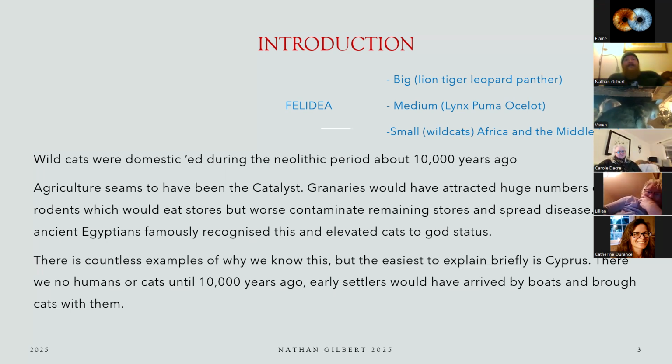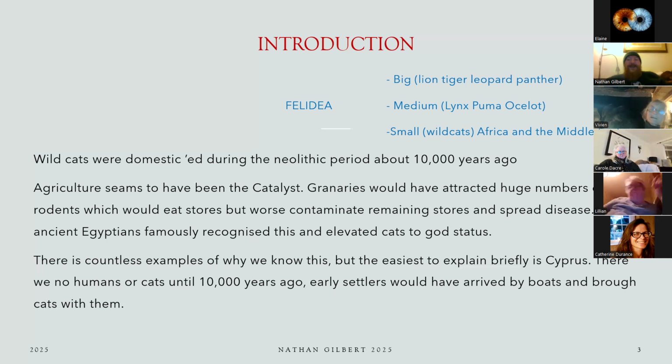Suddenly, we had towns and cities of thousands, and the need to store food grew exponentially, which attracted massive numbers of rodents, which would obviously eat the grain and contaminate grain that they didn't eat and bring disease and problems.